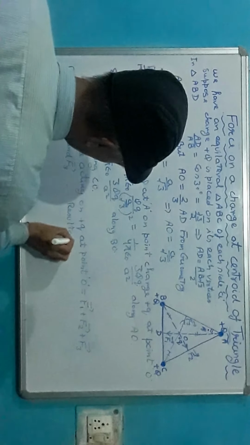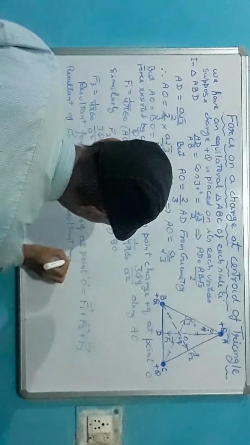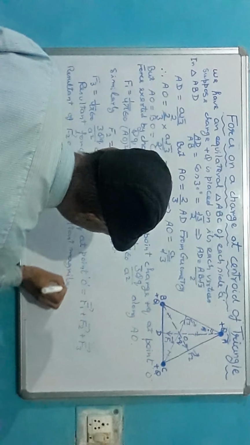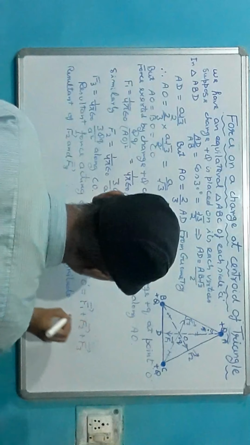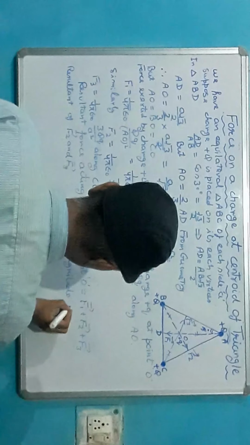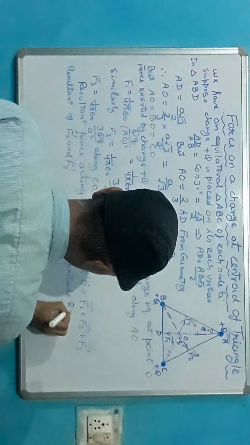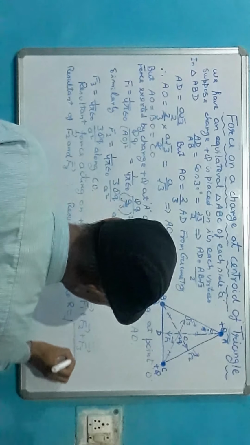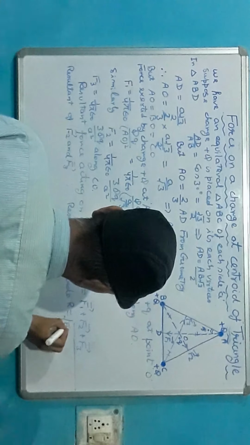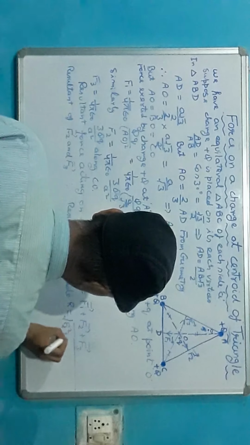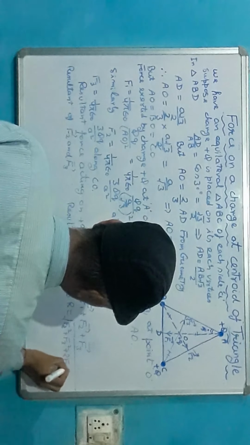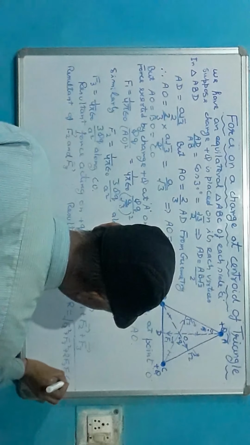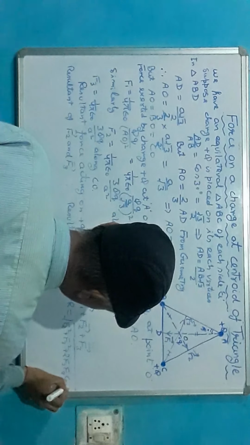The resultant magnitude of these two forces, you have to apply the principle, suppose that is R, that should be equal to the square root of F2 square plus F3 square plus 2F2 F3 cos theta.